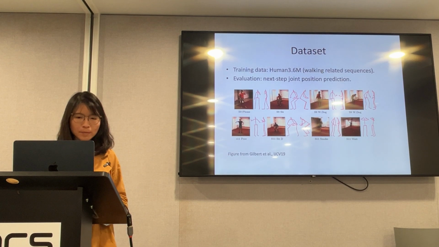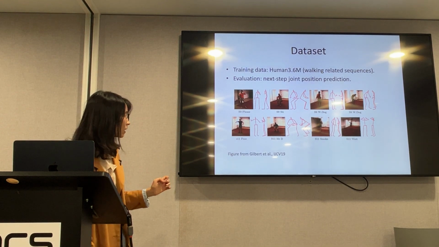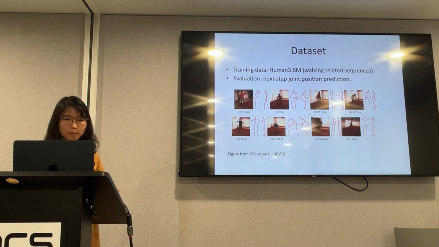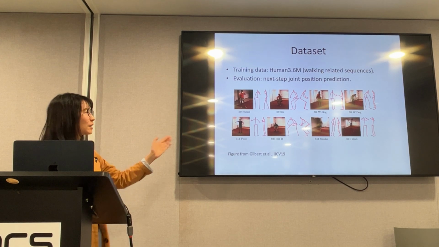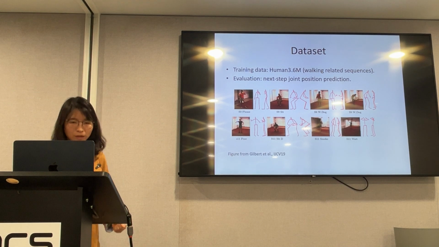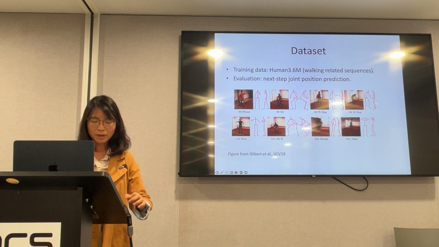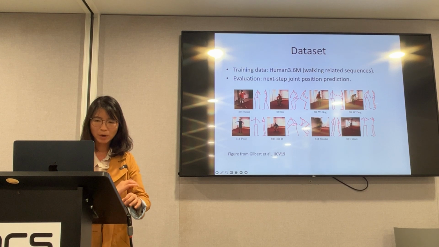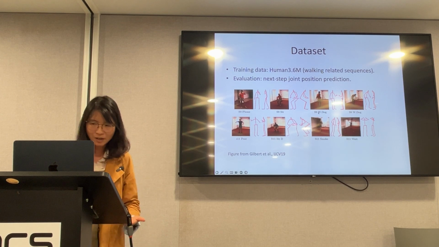In our experiments, we utilize the Human3.6M dataset as our test bench. As you may know, in this dataset there are multiple participants doing different types of motions, and we capture the body joint positions as the data.